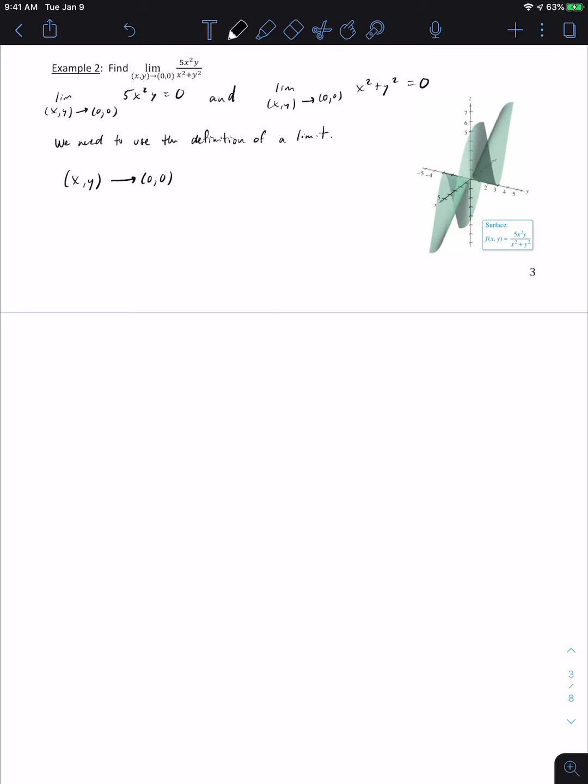As I approach (0, 0) from every single direction, whatever the z value is, whatever height, is L, the limit. And no matter what angle I'm coming in from on that flat plane that slices it in half, the xy plane, it looks like the limit is 0. In other words, I'm heading to 0.